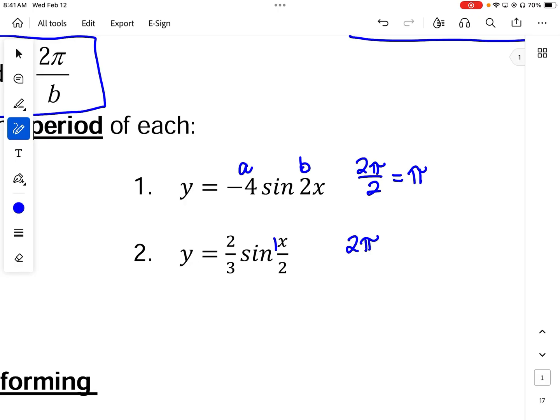That really means 1/2 x. So 2 pi over 1/2. So when we do that, it's really 2 pi times 2 over 1. So our period is 4 pi. That's the distance of one cycle.